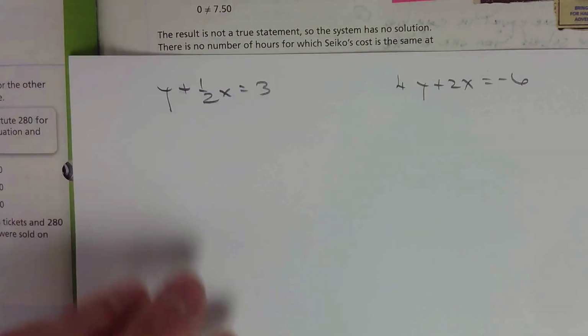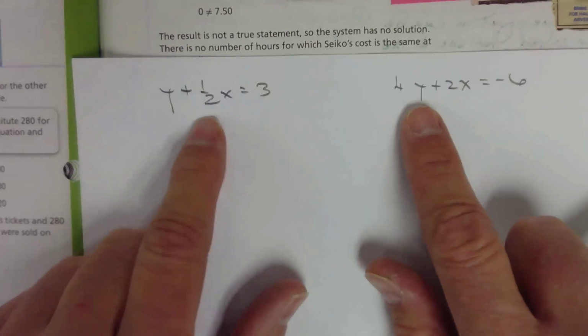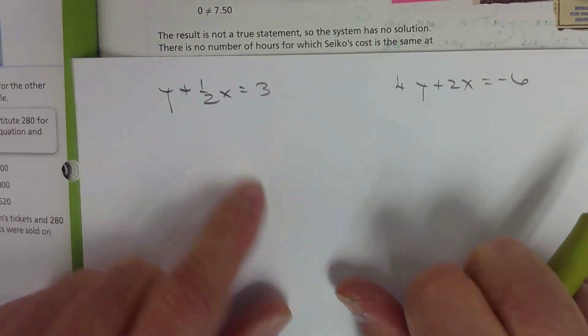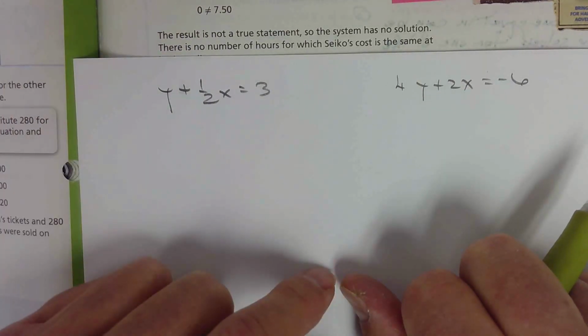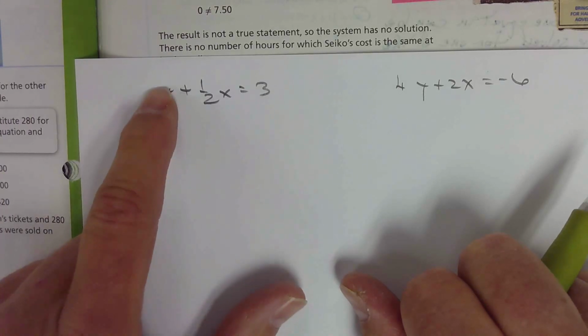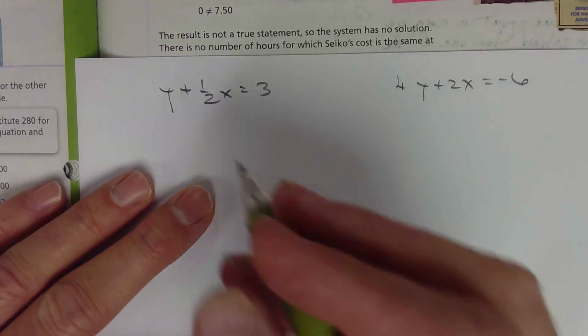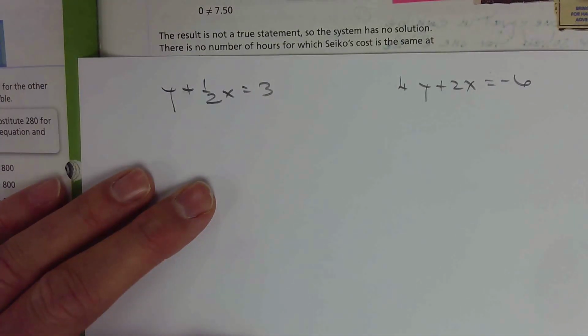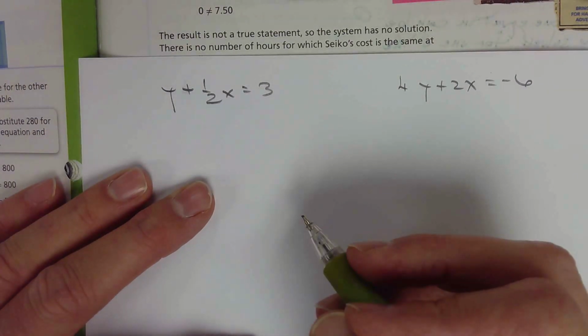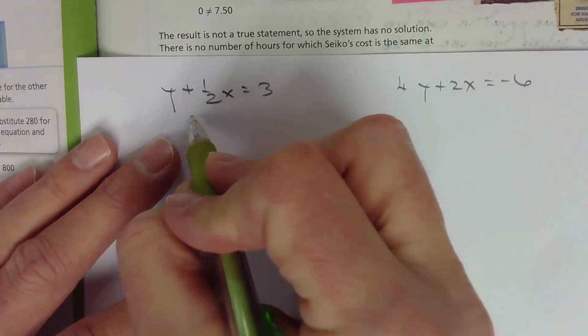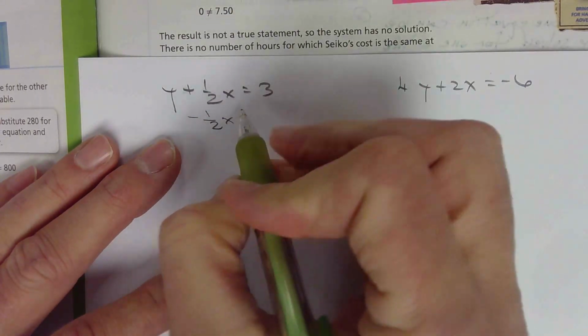Okay. So which one of these equations would you want to work with first? Mr. Webster, what do you think? Yeah, it's got a coefficient of 1. That's easy. So let's get y by itself. Yeah, I would subtract 1/2 x.